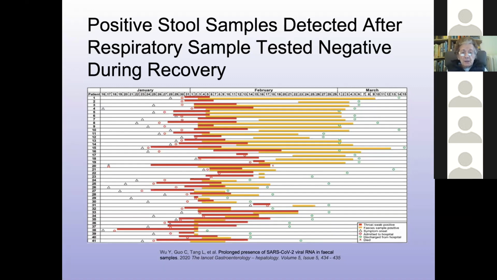You can see that long after the clinical test, the swab test, is negative, the individual will continue to shed the virus. Similarly, those individuals who are not positive, we now know can shed the virus in the stool. We have the next slide, please.